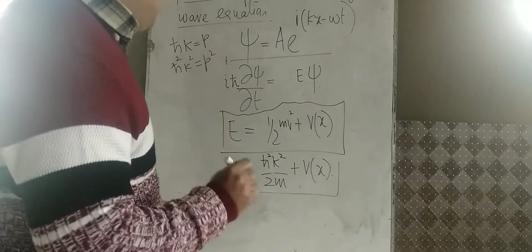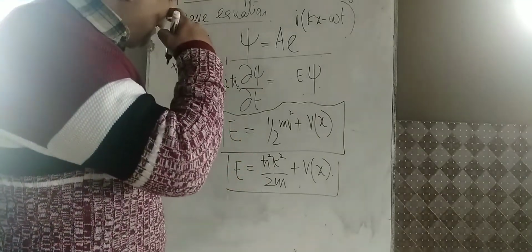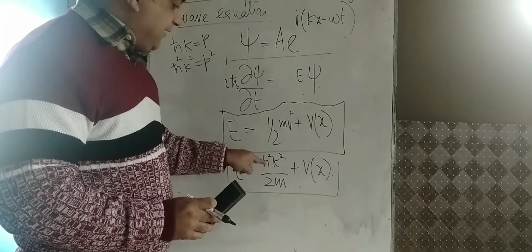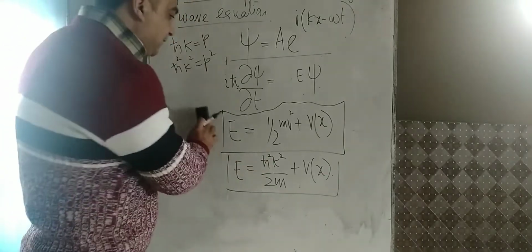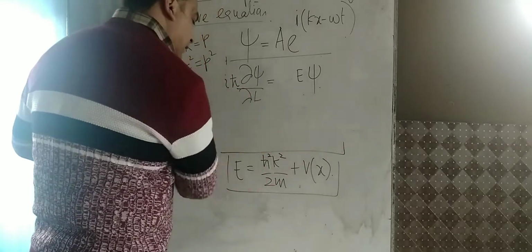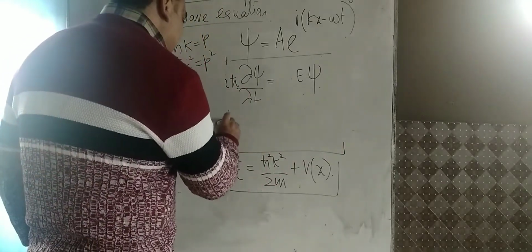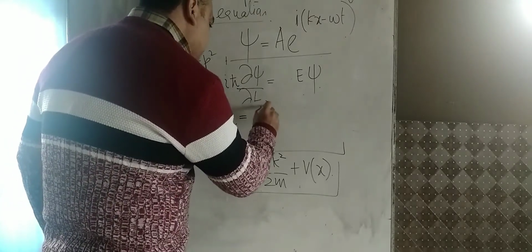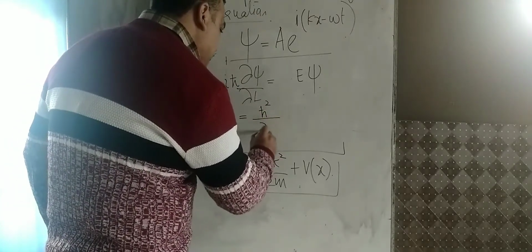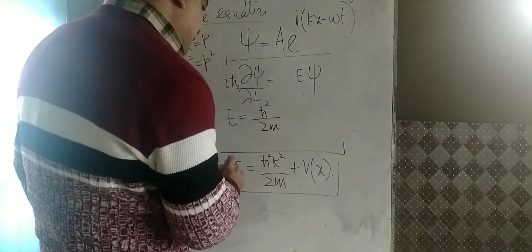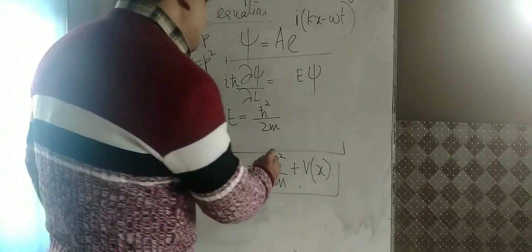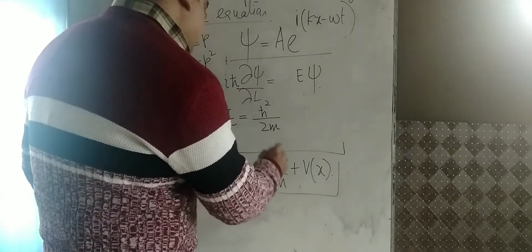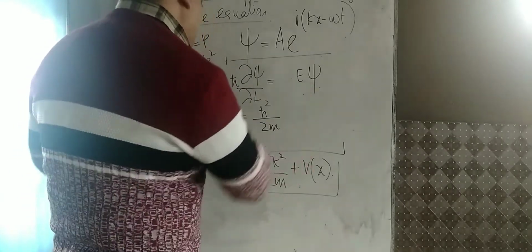Now, the equation that I noted down as equation 1 contains k square. Better is to use this E in the earlier equation first.